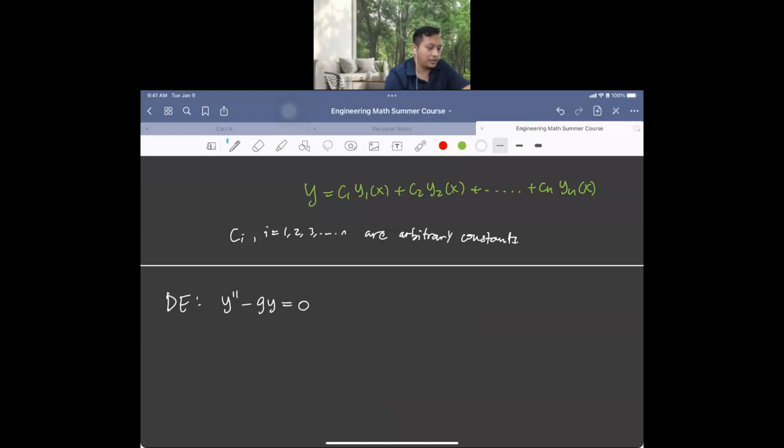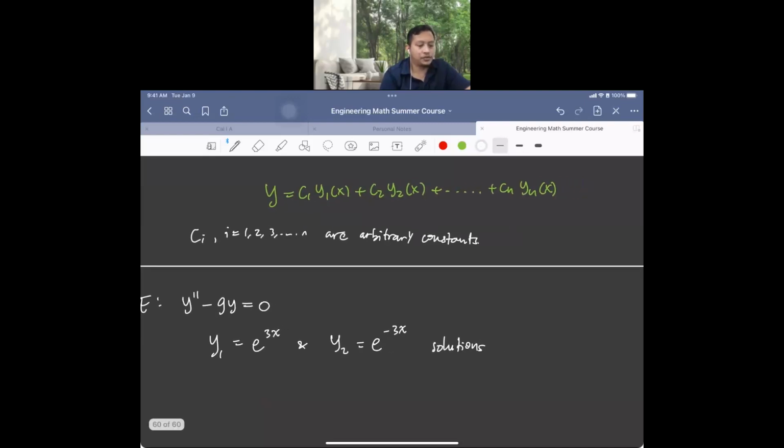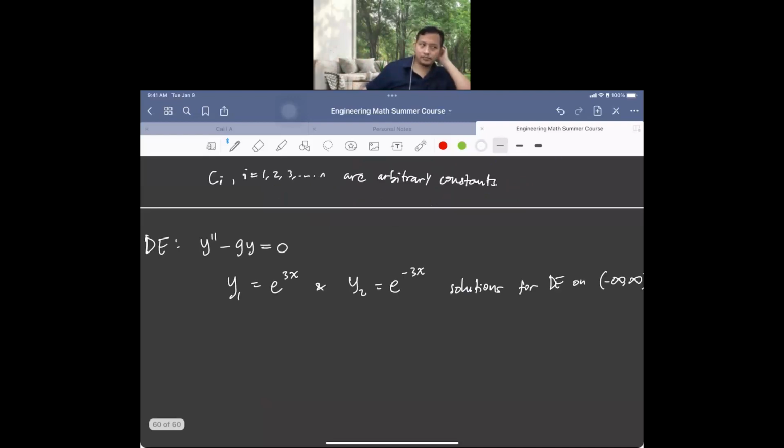Let's say we have this differential equation. Let's say we already have our solutions, y1 and y2. They are both known solutions for the homogeneous DE on all x.